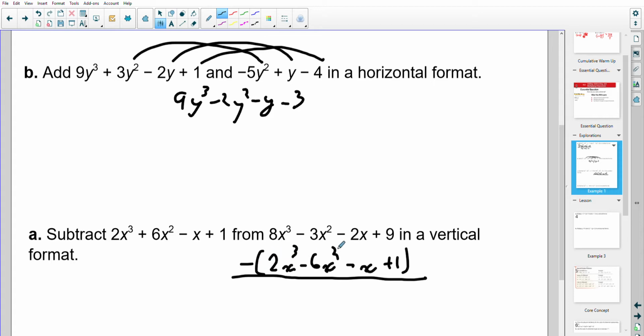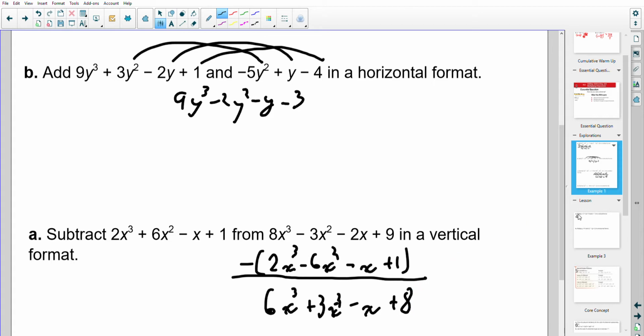And you have to distribute that negative all the way through. So this becomes plus 6x squared plus x and minus 1.